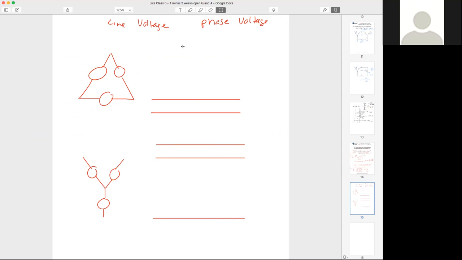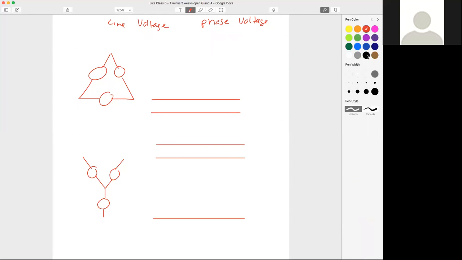Who can tell me, let's pick on our Y first. Y tends to be a little more intuitive. On this Y right here, where's my phase current? Where does it start? Where does it end? Line to neutral, or if this is a source, let's be more specific.